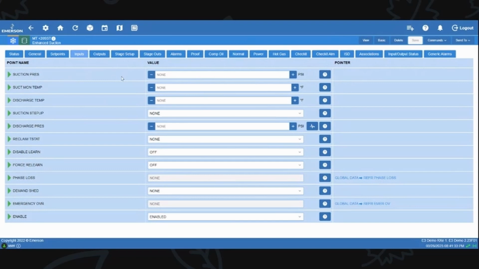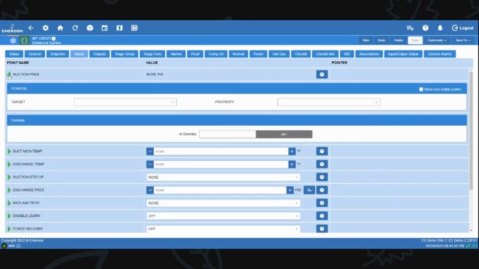All right. Where is my suction pressure sensor? Something a lot of people will probably miss when they first dive into an E3 or site supervisor is how do you get the inputs? Whenever you're on the input or output tabs, we have these green arrows everywhere.